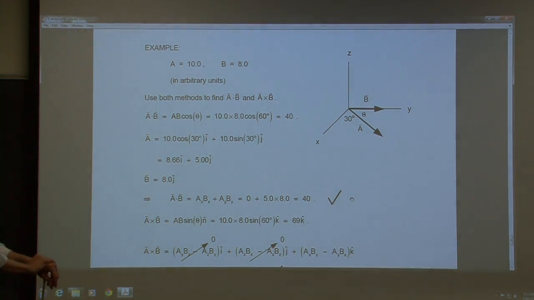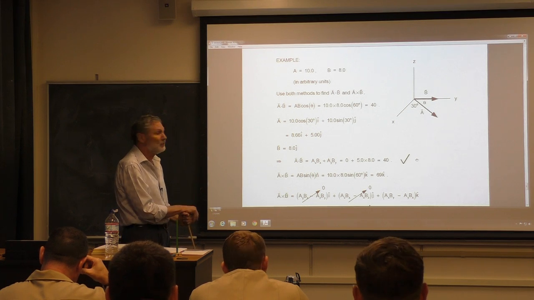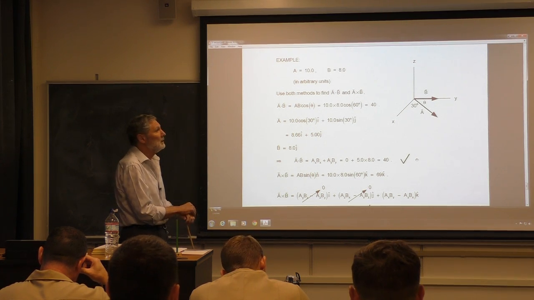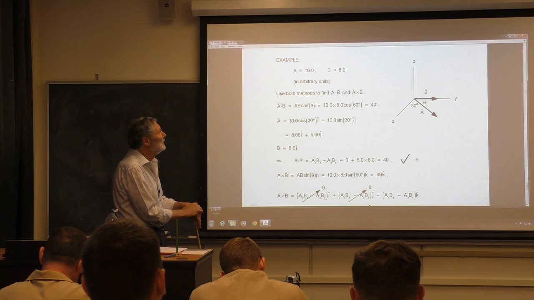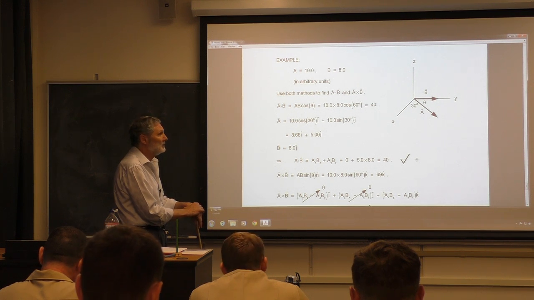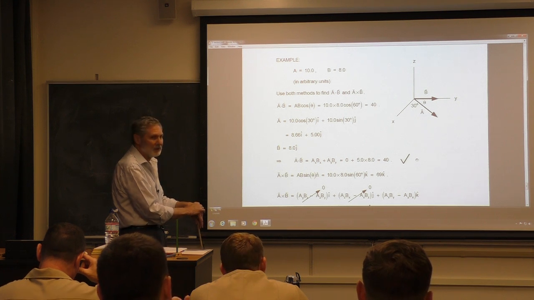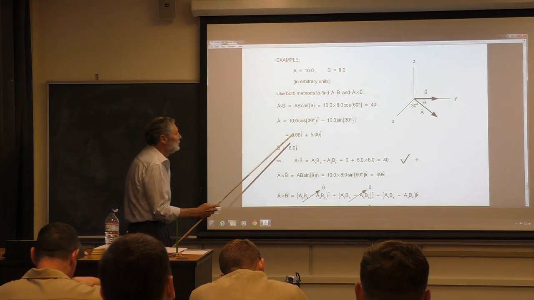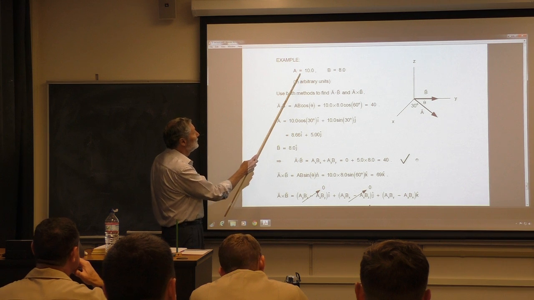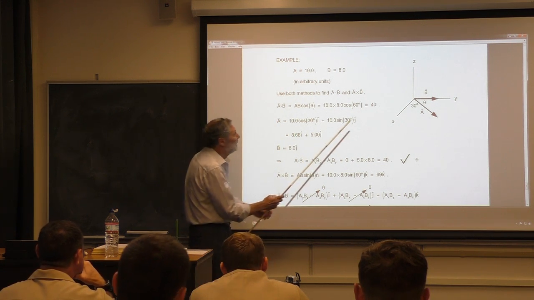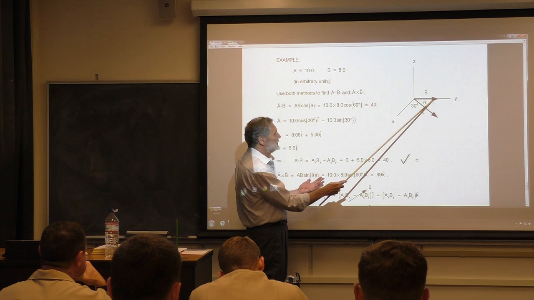We can also do this the analytical way with components. Remember, the dot product is going to be AxBx plus AyBy plus AzBz, but they have no z components. So to do that, we have to find the components. We're not told the components, but we can easily find them. B is already just a y component.